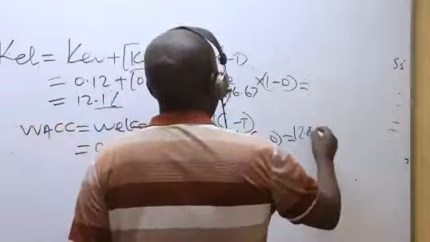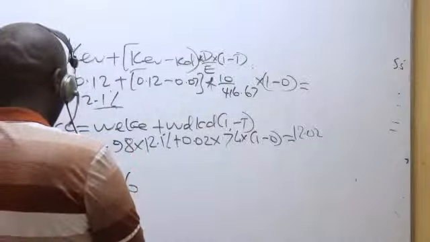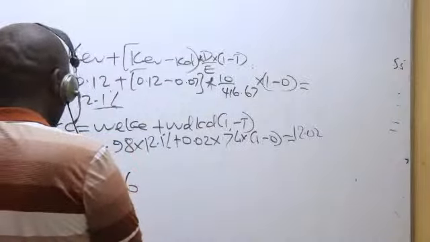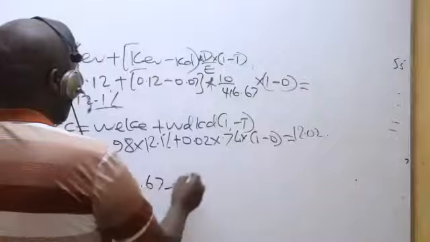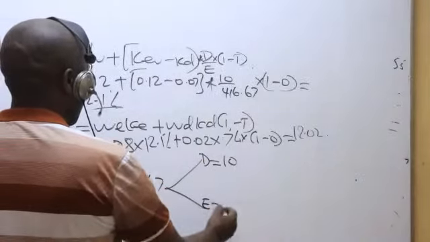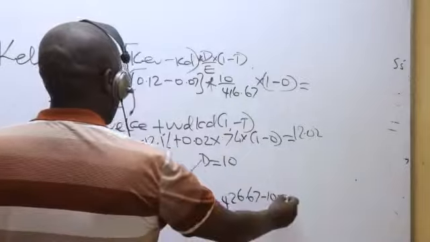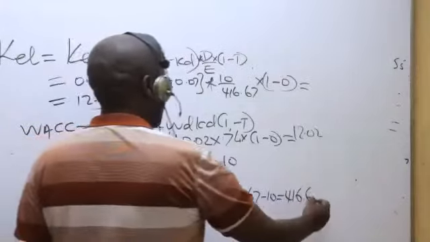So how are we getting the weights? Remember, in this question, the total value of the levered firm was this. So we split this into two. Debt will be 10. Equity will be 426.67 minus 10, which gave us 416.67.